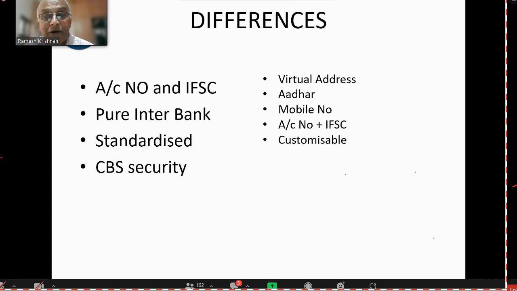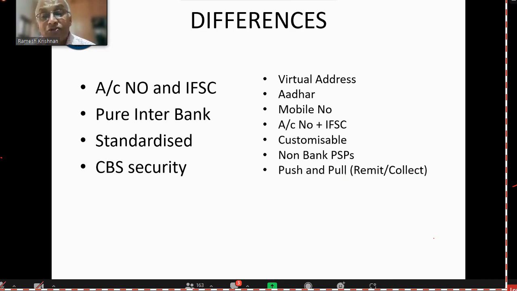But this is customizable. That is where your Paytm and all those people come in. And then non-bank payment service providers. Now RBI has come in in a big way because these Chinese people were moving away with a lot of money. So there is a push and pull, remit and collect.